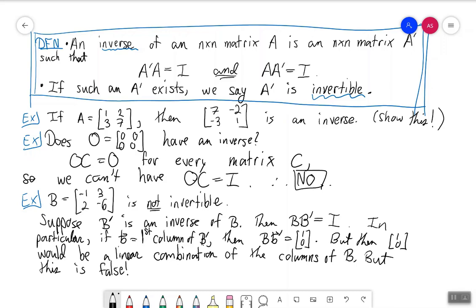There are multiple ways to show why this is false. I encourage you to try showing it. And since we've run into a contradiction, we must conclude that our initial assumption that B prime is an inverse of B has to be false. Okay, so B is not invertible.